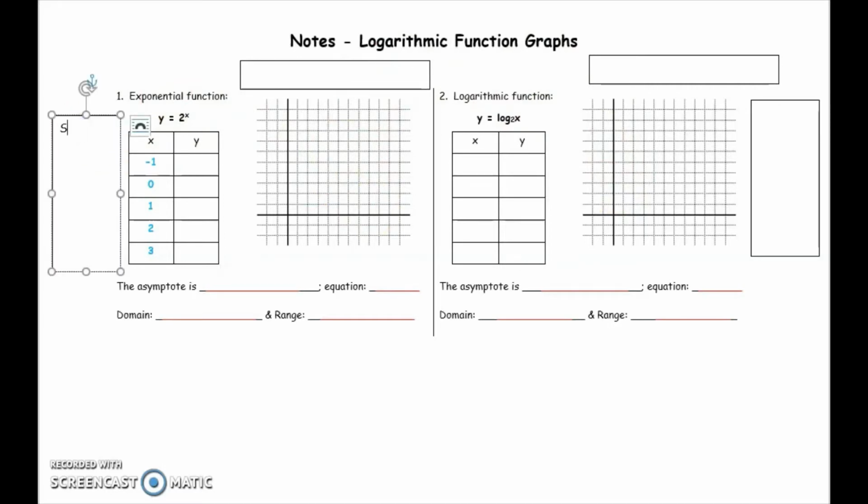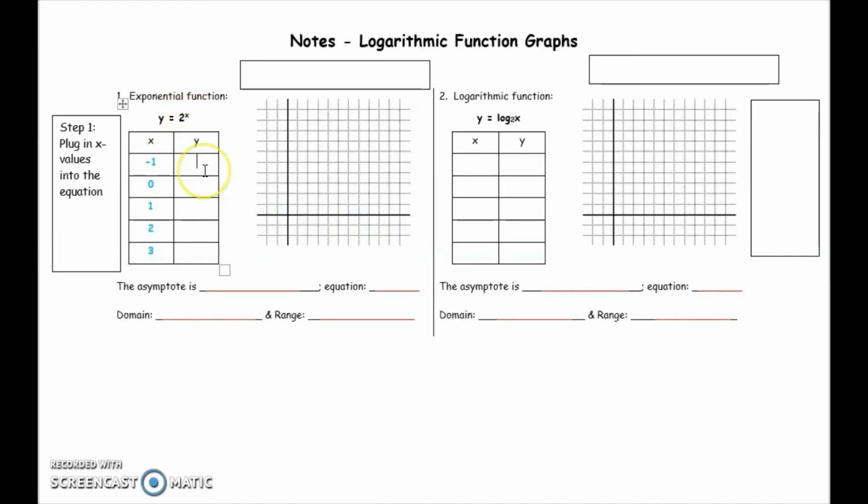So first, we need to find number one. Step one, we're going to plug in the x values into the equation. So we're plugging these values right here into this x right there.